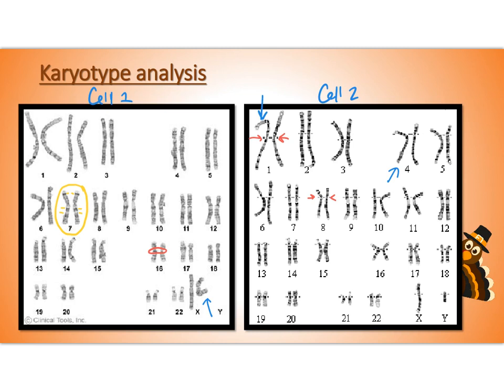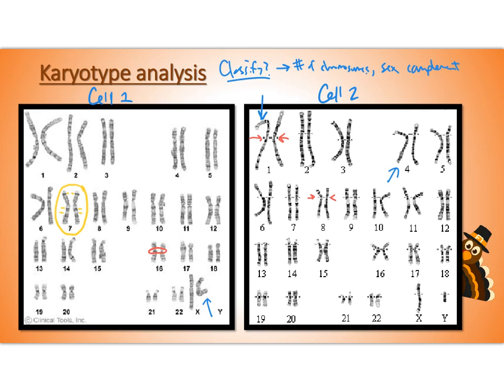Now, the question that we often ask is how do we classify these things? Now, to do a classification, you do the total number of chromosomes followed by what we would call the sex complement.